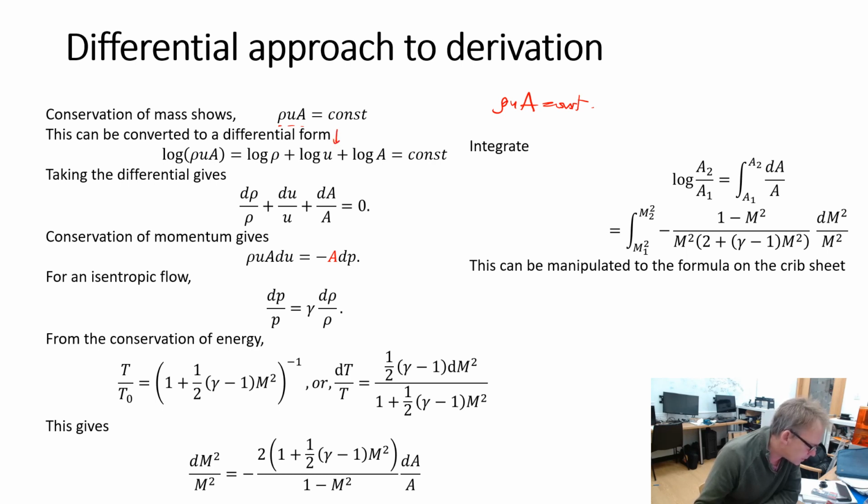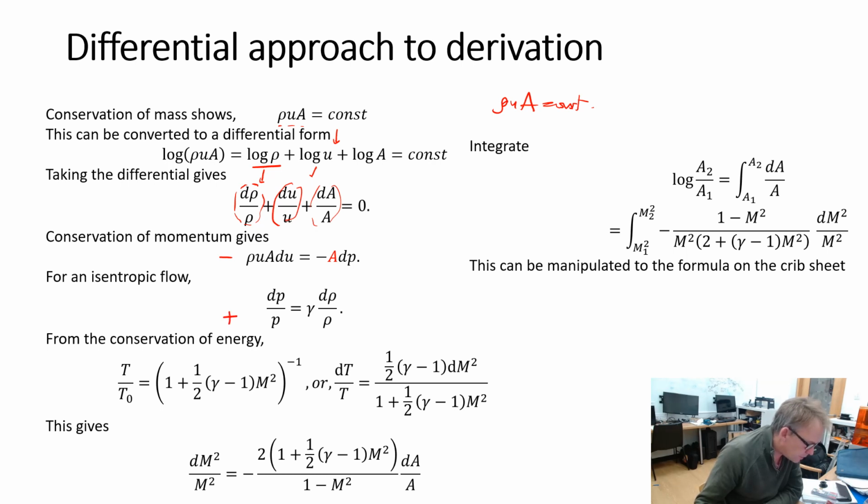And as soon as you take the differential of, for instance, log rho, then this becomes d rho over rho. Same as u becomes du over u. This allows you to find a relationship between fractional changes in one variable compared to the others. The way you construct a differential form for relating one state to another in a duct is that you will have to go through the conservation of momentum in a differential form.